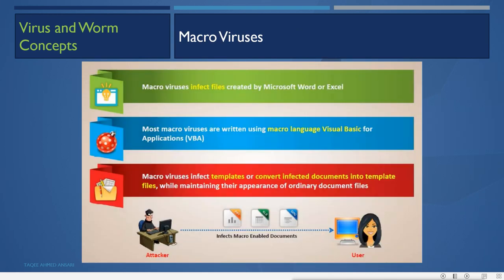Macro virus infects files created by Microsoft Word or Excel, and most macro viruses are written using the macro language Visual Basic for Applications, VBA. Macro viruses infect templates or convert infected documents into template files while maintaining their appearance of ordinary document files. In Microsoft Word we have a language called macros to automate things. In Word or Excel and even PowerPoint, we have a macro language.